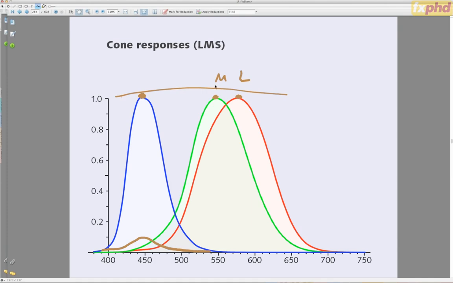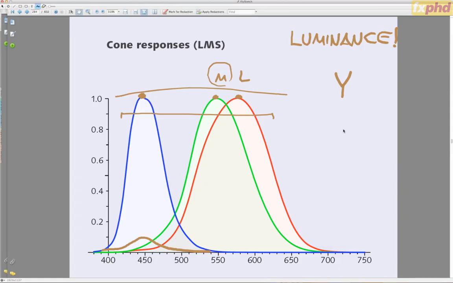But it's really, really useful to have one channel be luminance. And the sensible channel to use is the one in the middle. And so what we do is we mix those three components together in the proper proportions to get relative luminance, big Y. And that changes the picture somewhat.